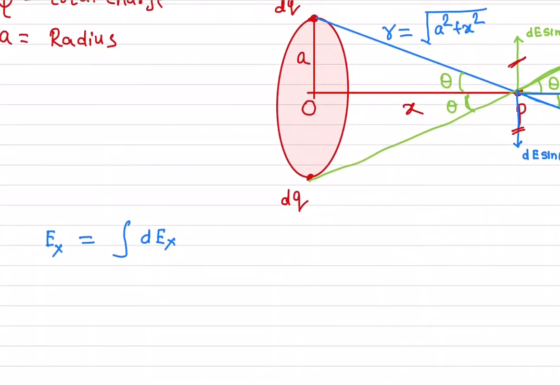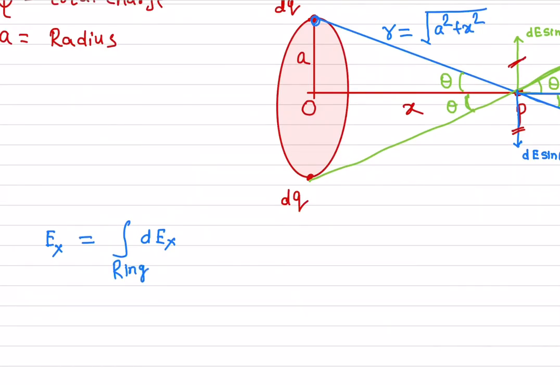So we now have to integrate the electric field over the entire region, because we have found the electric field due to these point charges, and now we're integrating over the entire region. This integration gives the total electric field. The x means the total electric field is only along the x-axis. And here I'm just writing down over the entire ring.